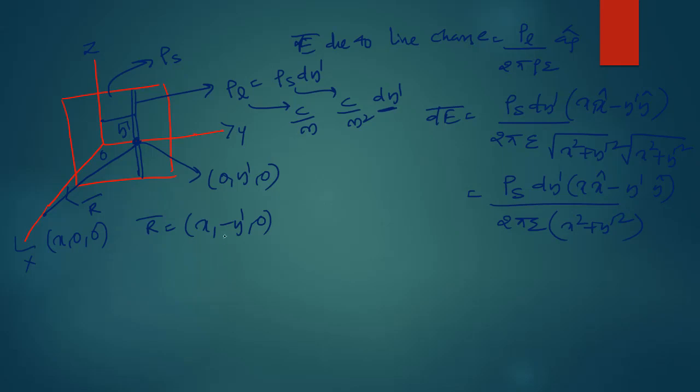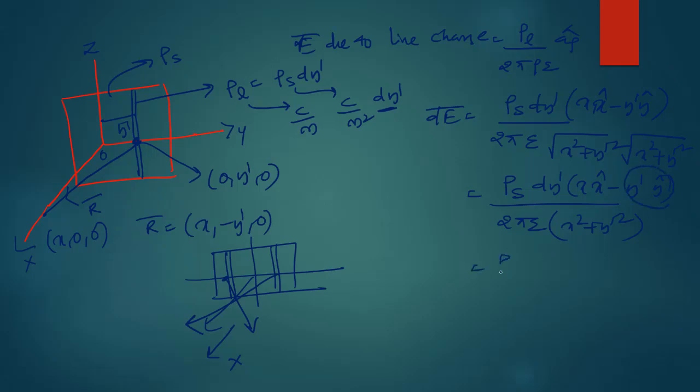And again the same thing: because of one line on the x-axis, you get the electric field in this direction, and because of another line on this side, you get the electric field in the opposite direction. That means the resultant electric field is in the x direction, so there is no need to take the y component.